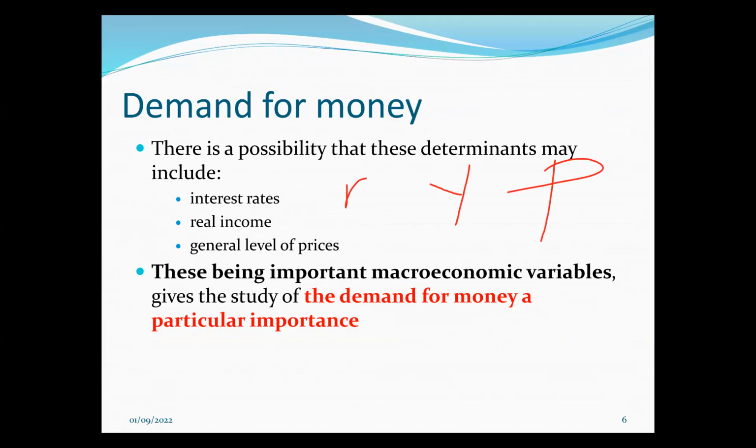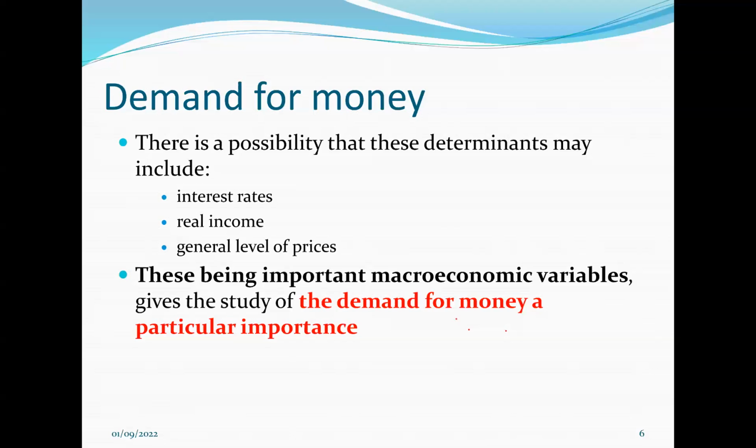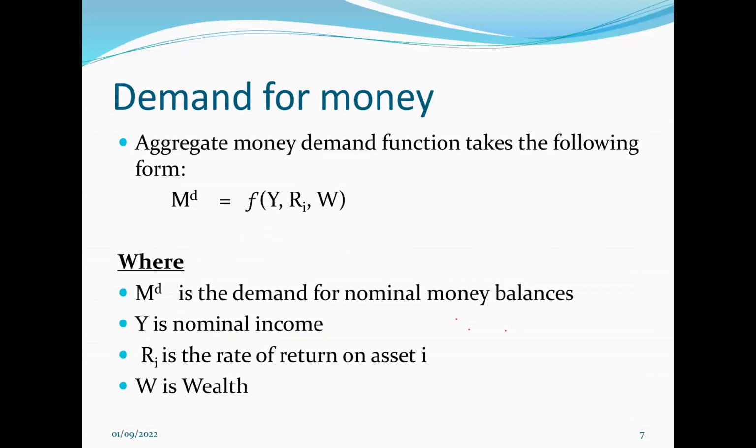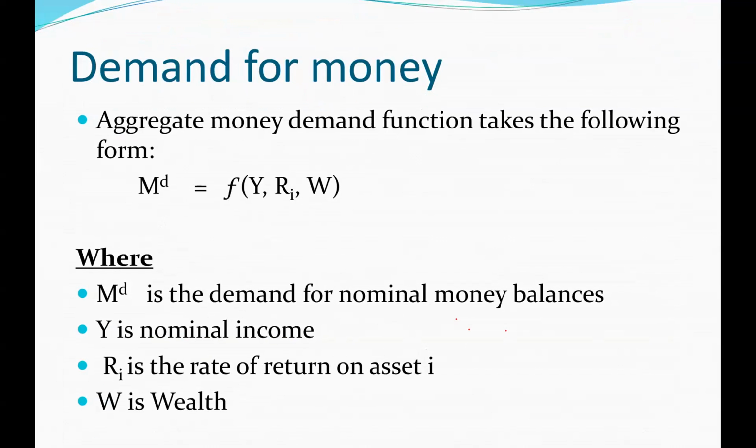Yes. So these are the most important macroeconomic variables that give us the study of the demand for money. You can say now, money demand is a function of income, right? Meaning it is influenced by income, by interest, and by wealth.